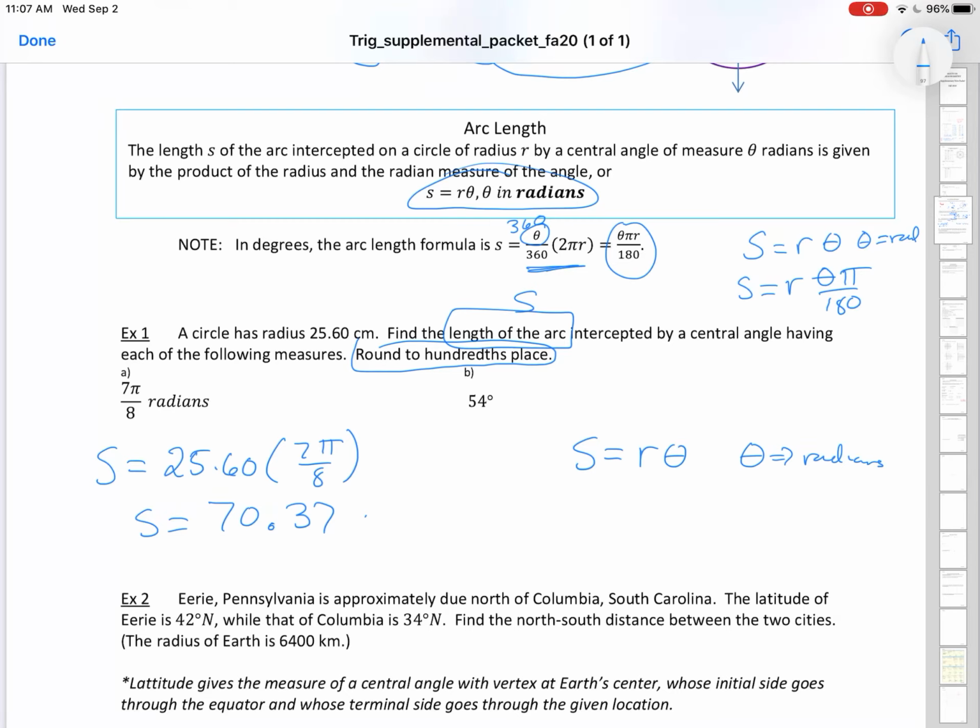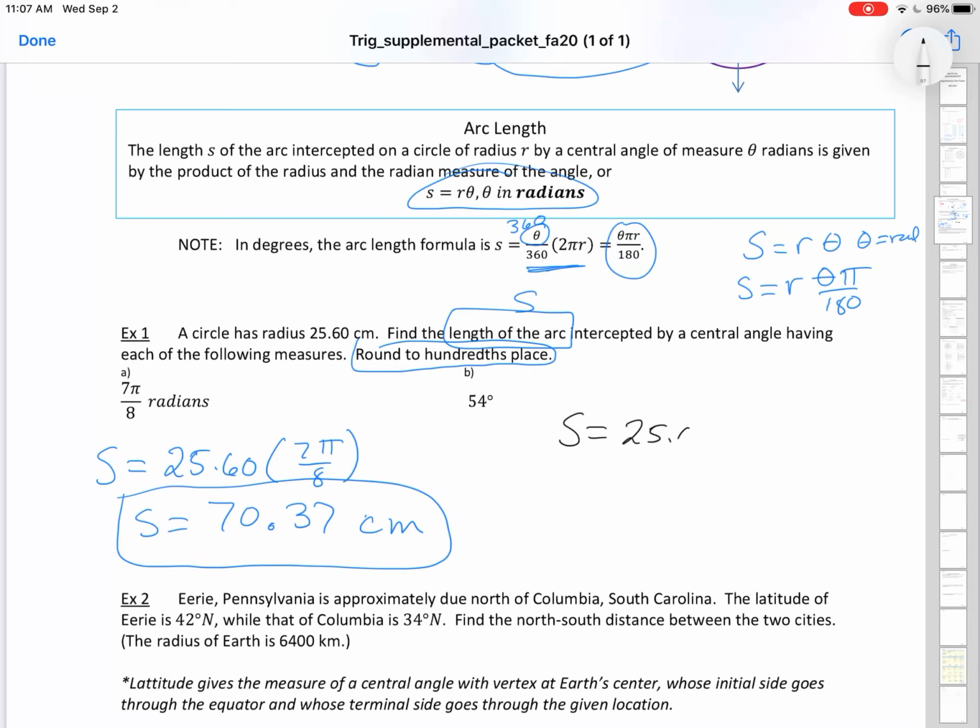Now over here, let me grab an eraser so I can move this. We know that S is equal to R times theta. So S is equal to R, still a 25.60 centimeter circle. And our theta is 54 degrees, but I have to change that into radians.